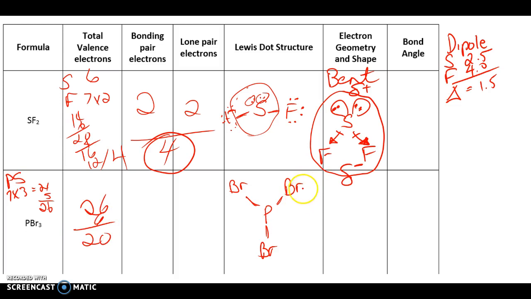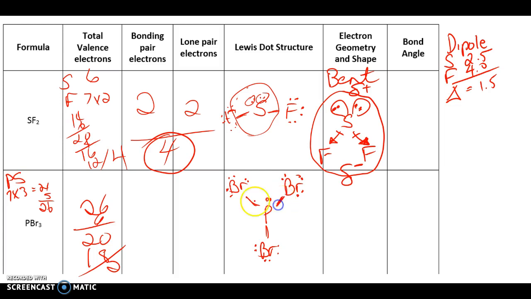Well, I start by filling the octets around the bromine, right? I just added 6 to each bromine. That's 18. I'm left with 2. Well, that's good because while the bromines are happy, phosphorus needs 2 more electrons to have an octet around it, right? So this has used all our electrons. Everybody has an octet, so this looks like what we have.